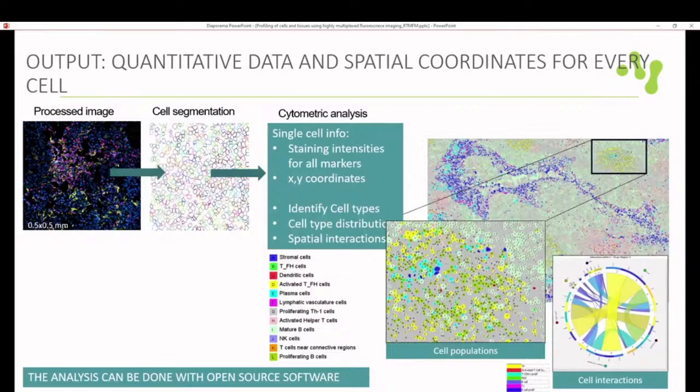This is basically what this allows you to do. You have all of your processed images, the cells are segmented, and this is done by the software accompanying the Codex instrument.